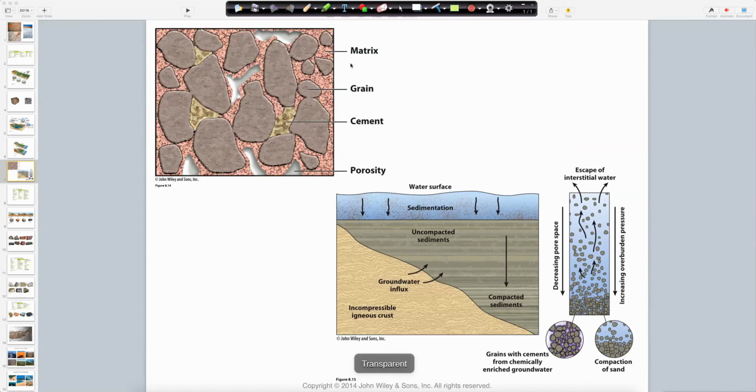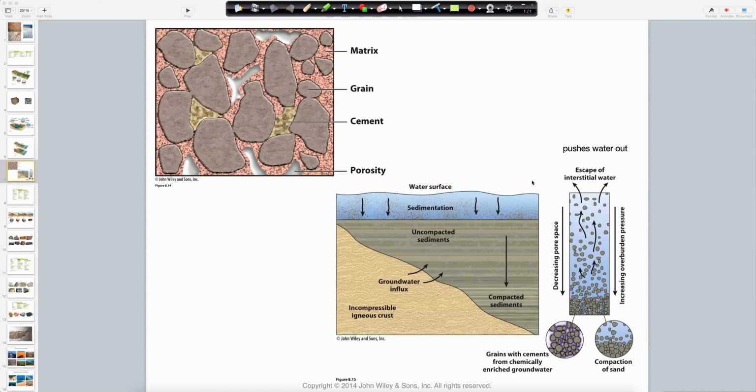So if we look back at this picture down here, it's showing you sediments, they're settling, and down here, these are grains that are being cemented, and these are grains you can see down here, they're losing their pore spaces, they're becoming closest packed. When you do that, you're shrinking the pore spaces and you're going to push the water out. So it's going to push the water out of the pore spaces.